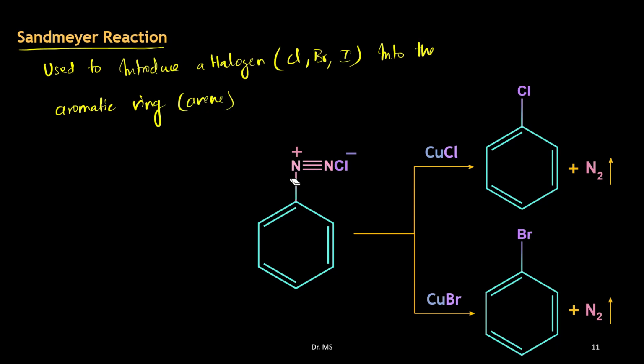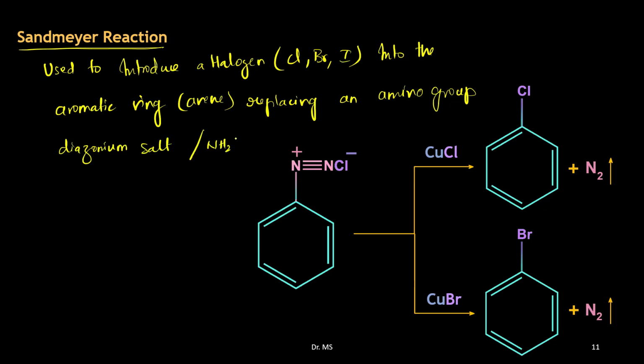You are replacing the diazonium, or replacing the amino group. It could be the diazonium salt N2Cl, or you can say it's NH2. Understood what is the meaning of Sandmeyer reaction?